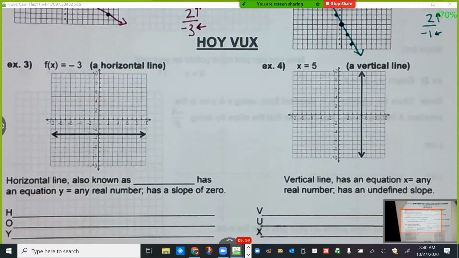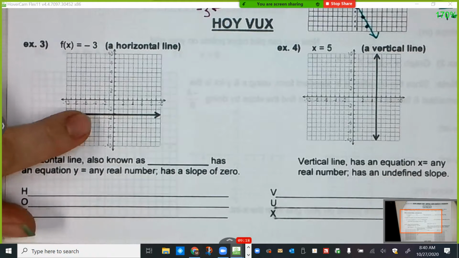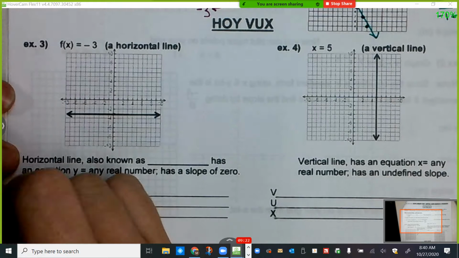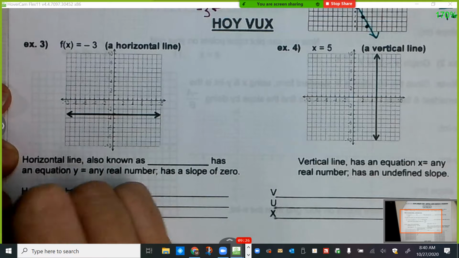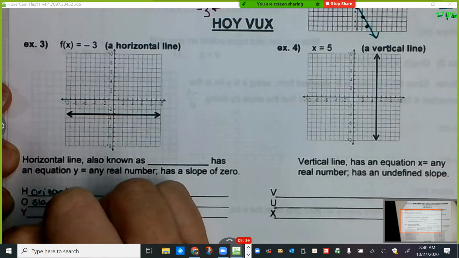You would be bored. So this would be 0 fun. Well, guess what your slope is? 0. So HOI stands for horizontal, 0 slope. I know it's an O, but it's 0.